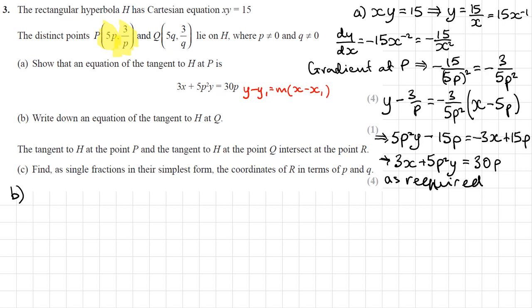It does say write down, it's only 1 mark, and if you write something down you don't need to do any working, you should be able to just write your answer down. So all I'm going to do is to replace all my p's with q's, and if I do that I'll get 3x plus 5q squared y is equal to 30q.